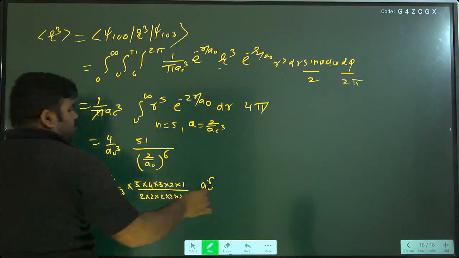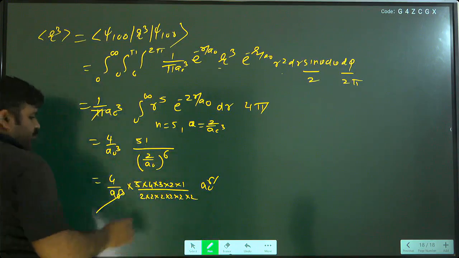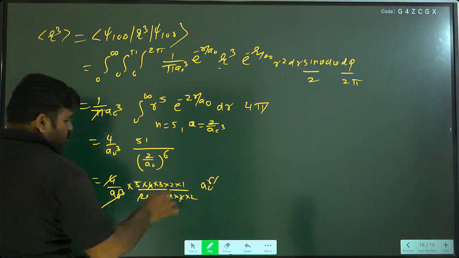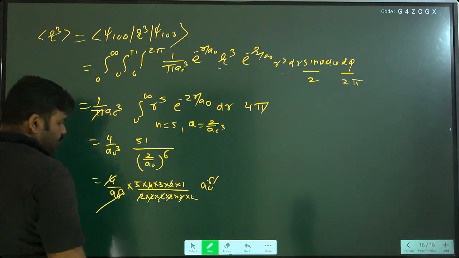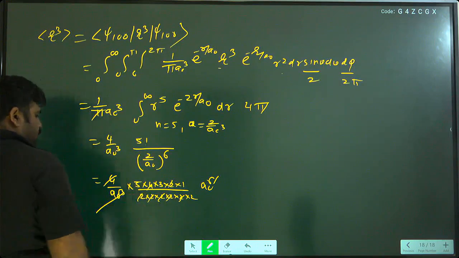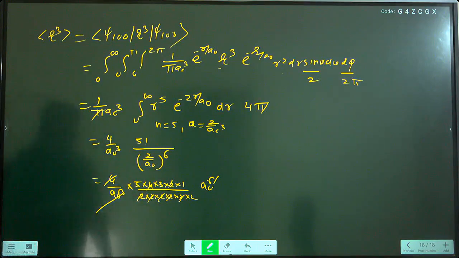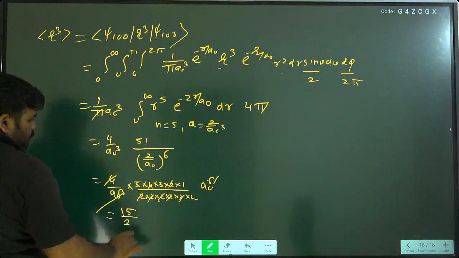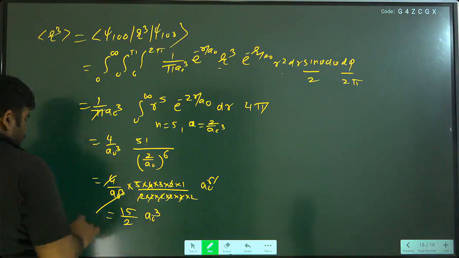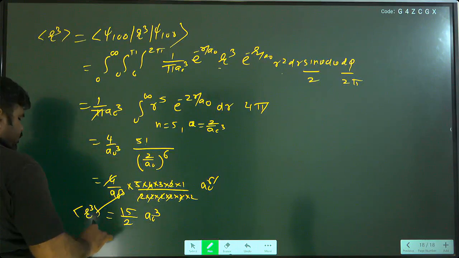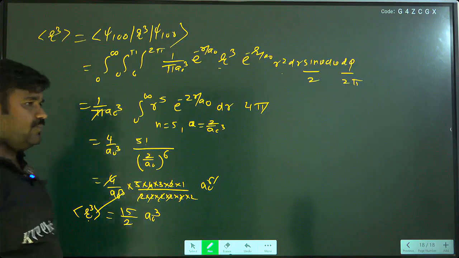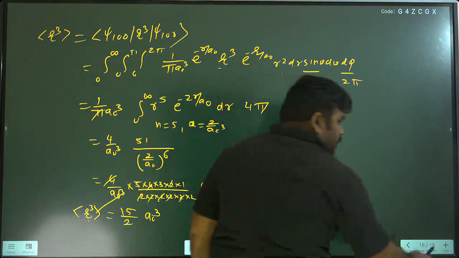A naught to the power 3 gets cancelled. 1 2, 1 2 cancel. 3 into 5, 15. And this is equal to 15 upon 2 a naught to the power 3. Dimensionally, r to the power 3 means meter cube, right side is also meter cube. Clear?